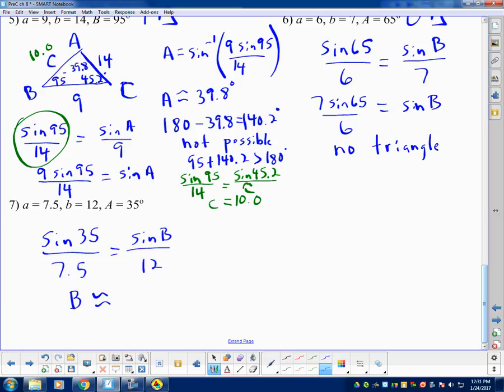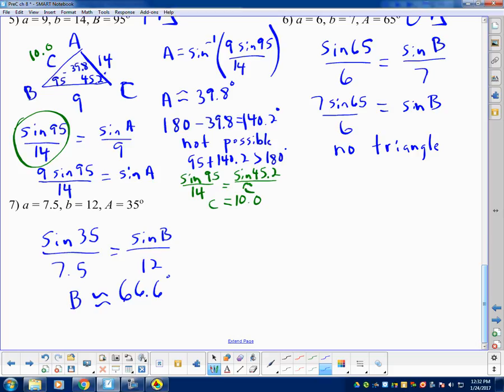And when we solve for B, we should get the angle 66.6 degrees. Hopefully you're getting that. So I've got angle A, I've got angle B, I've got side A, I've got side B. Before I go and find side C and angle C, let's test this and see if it works.